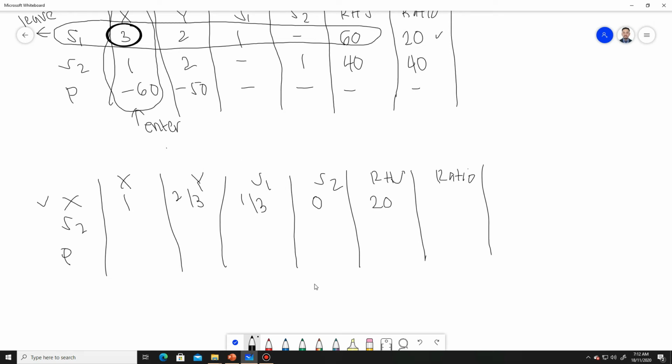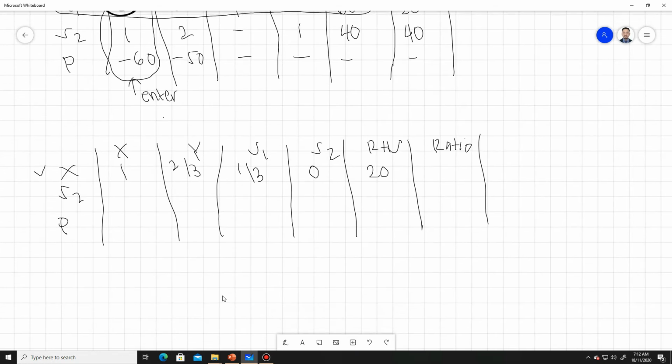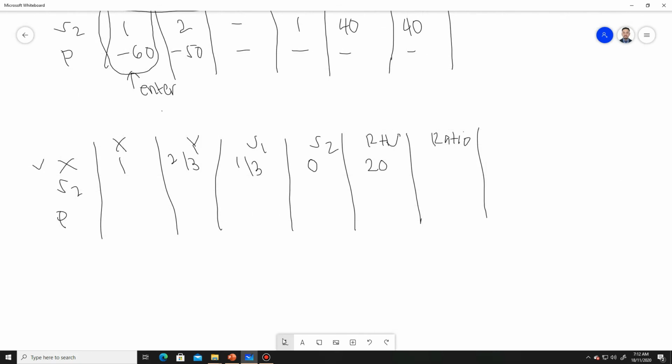Okay, so next, we will develop the new S2 and the new P row. We have a formula for that.